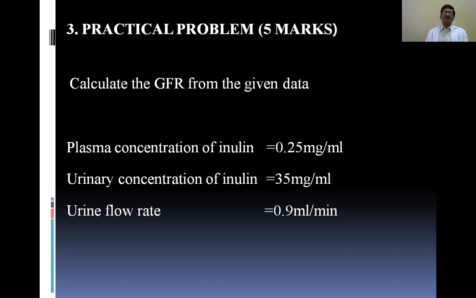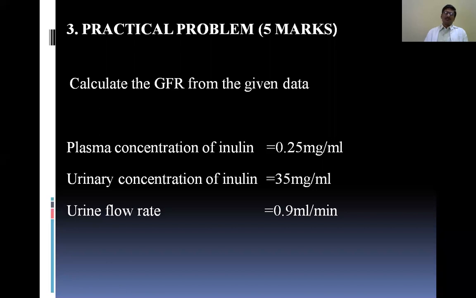There are certain substances which are only simply filtered, neither reabsorbed nor secreted. In such a case, whatever is filtered, that quantity will be excreted. So for those substances, if we know the excretion rate, we can know the filtration rate, because such substances are neither reabsorbed nor secreted. Understood?